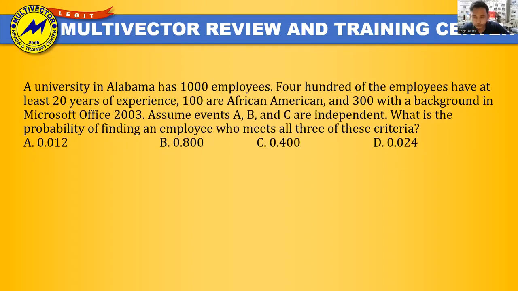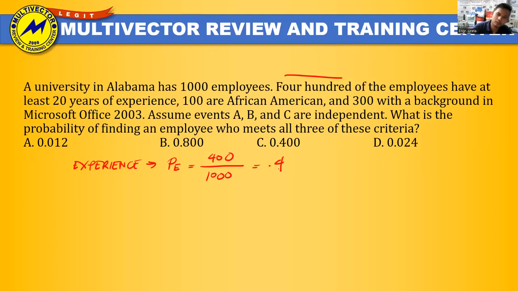Okay, so check ko muna. Sige. So probability ng may experience siya. Latag muna natin, experience. The probability na may experience siya, P sub E na lang, is just equals to, ilan daw yon? 400 out of 1,000, which is just equals to 0.4.